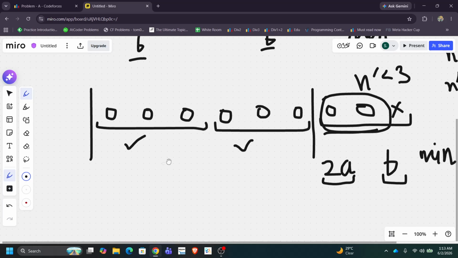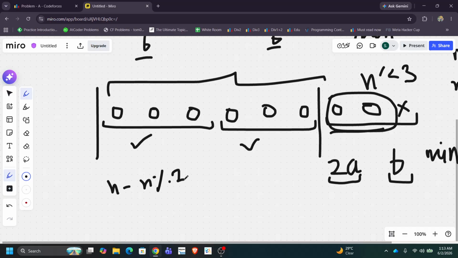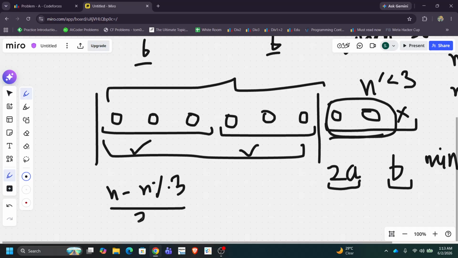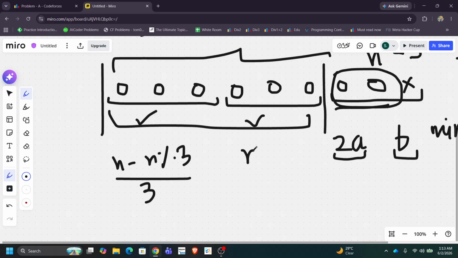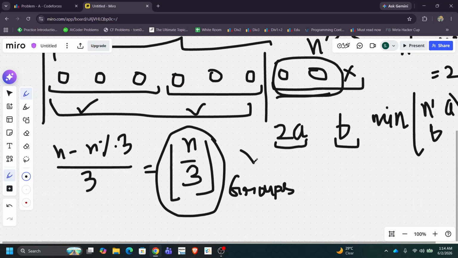And for the part we group by 3, we have n minus n mod 3, or we could say n divided by 3 groups. For these n by 3 groups, if 3a is smaller, we multiply by 3a.